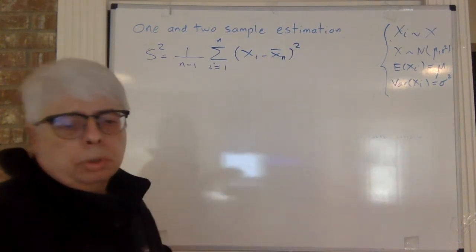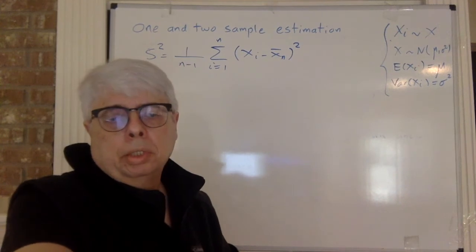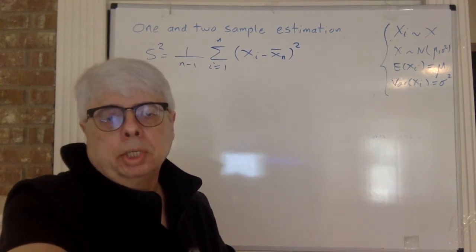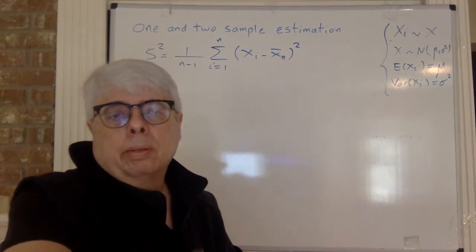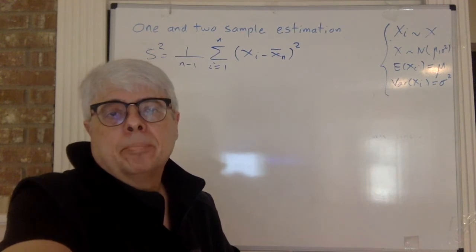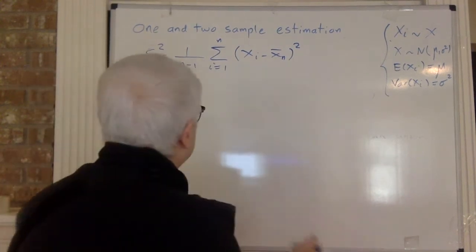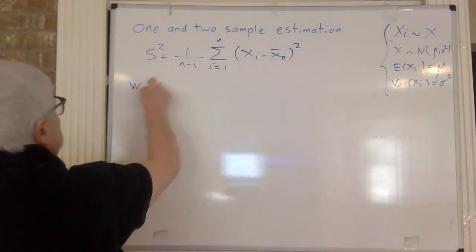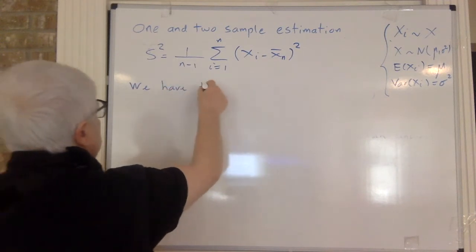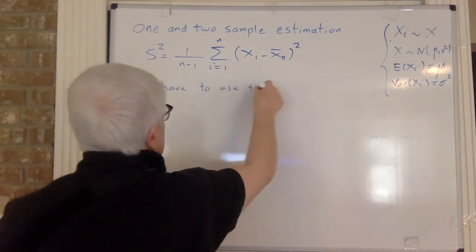Okay, so this one is a little tricky, and it's interesting that you will see in the end why. So we have to use the following identity.